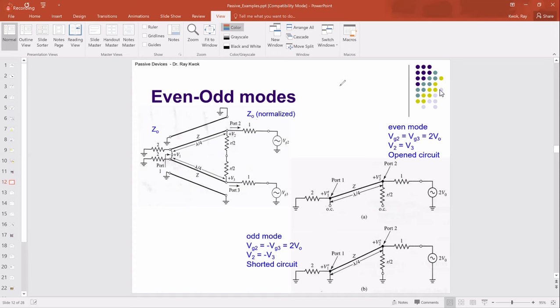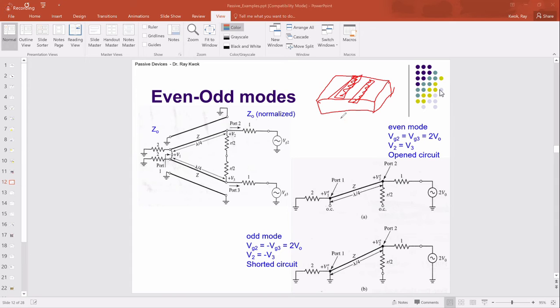So let's say I have this, a transmission line. This is also a transmission line. They're next to each other on the same substrate. I want to know how these two transmission lines couple to each other.